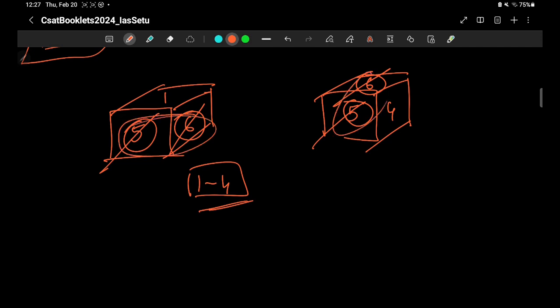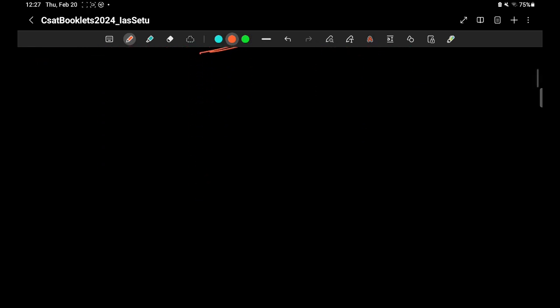If two faces are common, you cannot find all the opposite sides. You can find only one. Whichever is the remaining one which is not common, that will be the opposite sides. Hope you understood that.